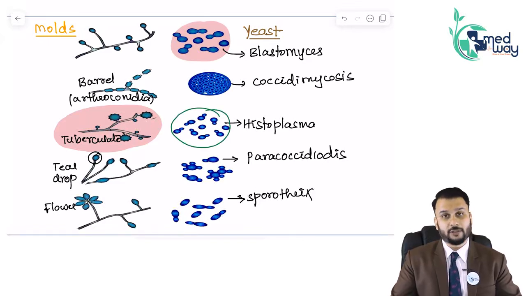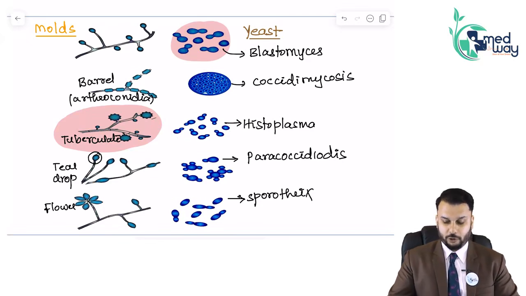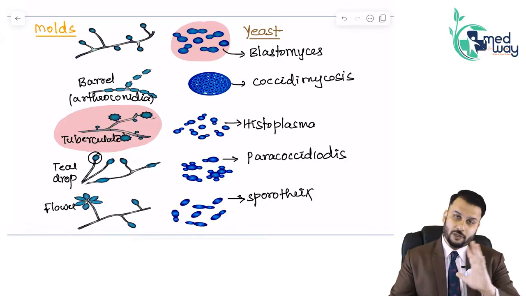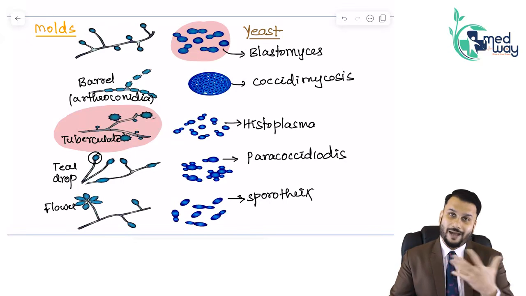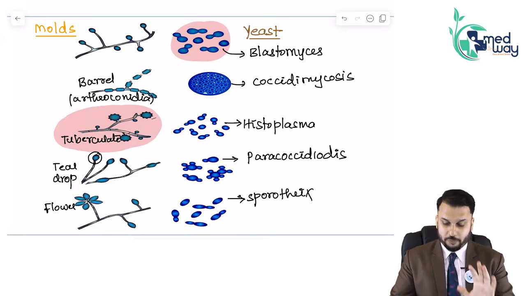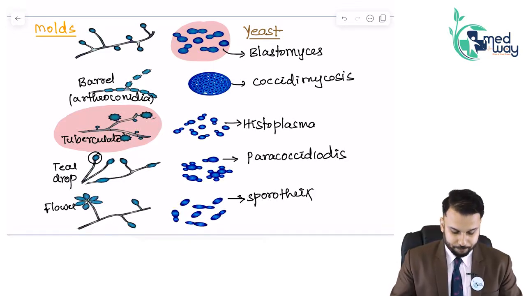There is nothing special. It looks like a normal bud that any fungus can produce. So that's how you're going to remember. One is narrow-based budding, one is broad-based. Broad is special. So that is one thing sorted. And when you talk about the mold forms, tuberculate conidia are a feature of Histoplasma.